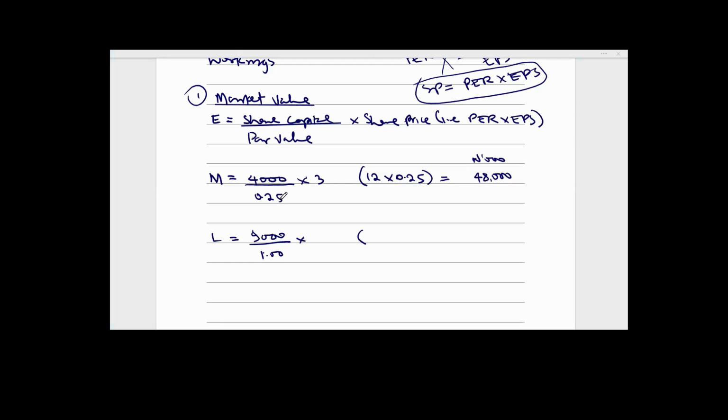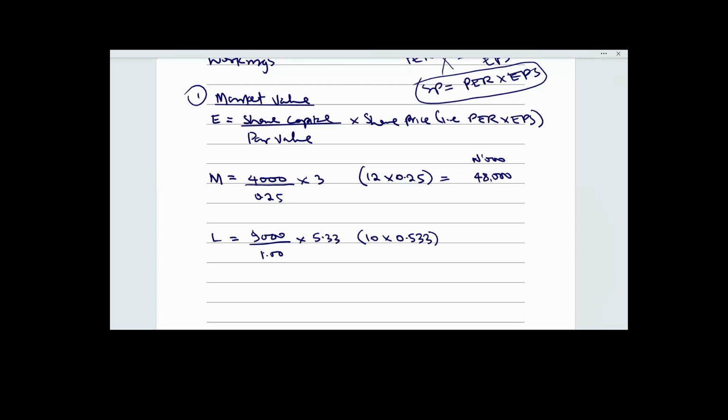I said price earning ratio is 10 times. Here is 10 multiplied by, remember, the price earning ratio is in kobo. So please don't make mistake. 53533, so multiply by 10. This will be 5.33.